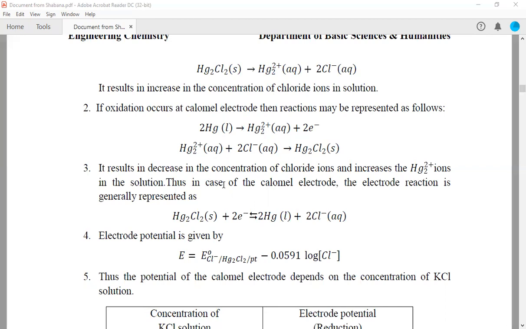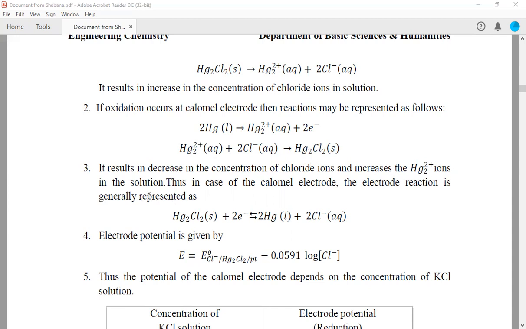It results in a decrease in the concentration of the chloride ion, because whatever chloride ion is present in the solution is taken up by this Hg2Cl2 and converted into the solid, which is deposited, so the concentration of the chloride ion will decrease in the solution.